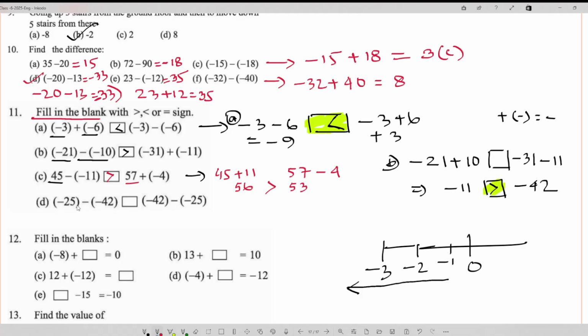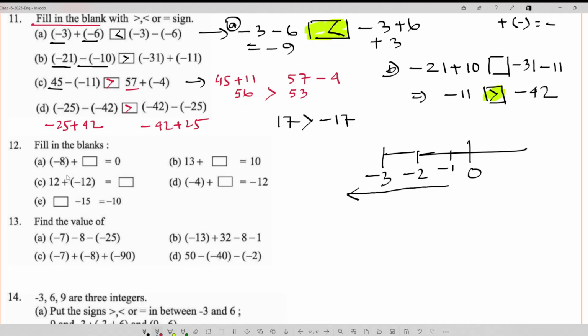Here is minus 25 and minus and minus 42, so minus 25 plus 42, and here is minus 42 minus and minus plus 25. Which is bigger? Minus 25 plus 42 is 17, and minus 42 plus 25 is minus 17. Therefore plus 17 is larger. The sign is like this.